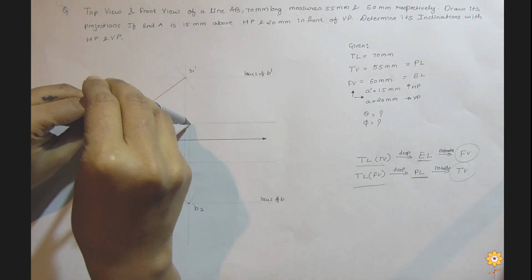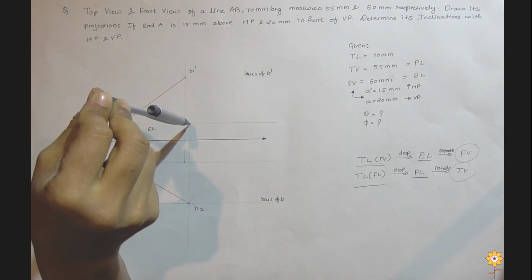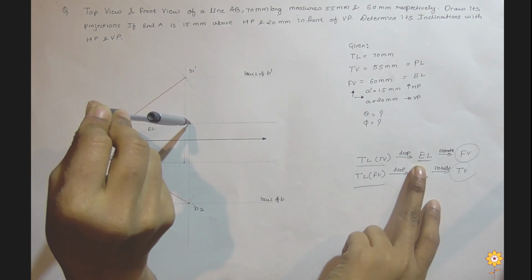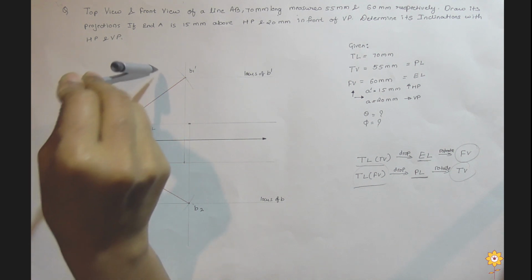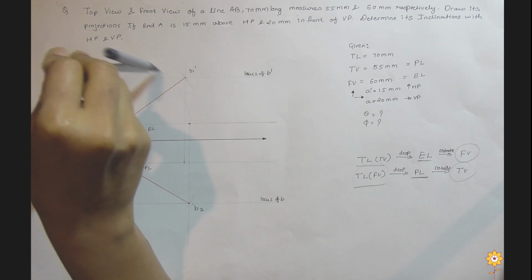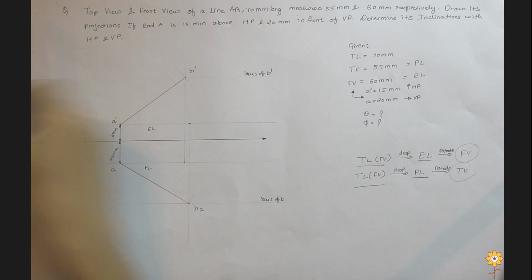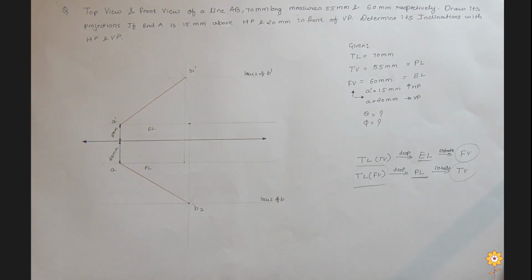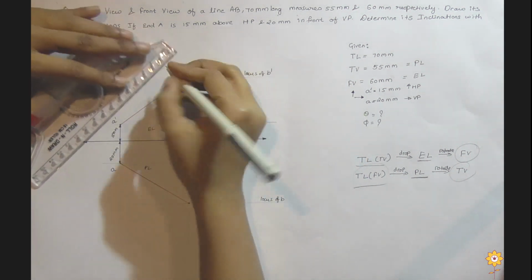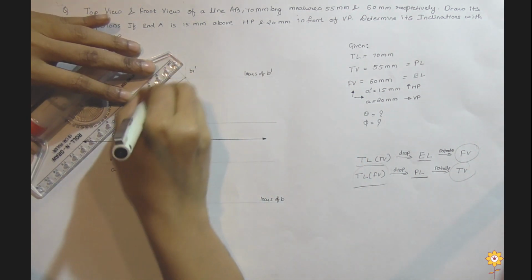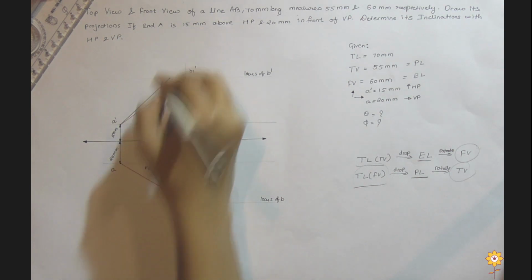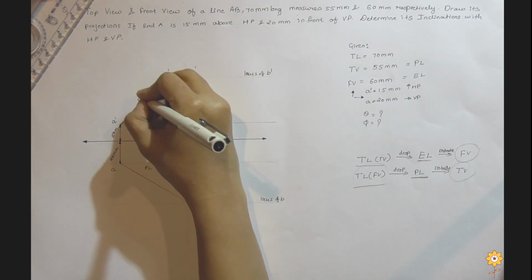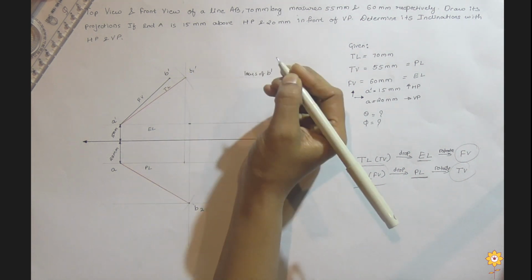Take that distance on your compass and rotate it to the front view, because on rotating EL I am going to get the front view, and the front view is on this line. So I'll rotate that and I would get my point for front view. Join those lines. This is A dash B dash. This is my front view, this is my true length.